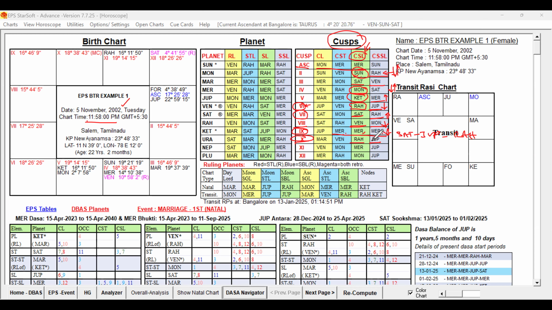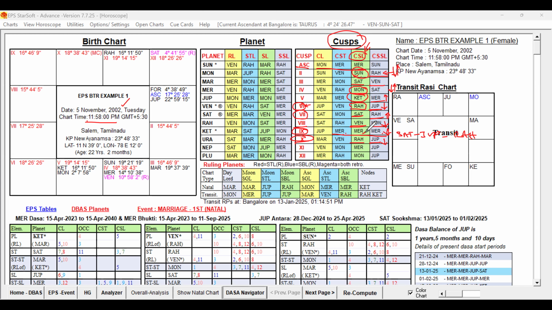So a reduction of 2-3 minutes can have impact on the tenth sublord also. A 1 minute change can have impact on the ninth sublord, which is on the border, just starting. So that can have impact immediately. But 2-3 minutes can have impact on the seventh sublord, eighth sublord and tenth sublord, right?